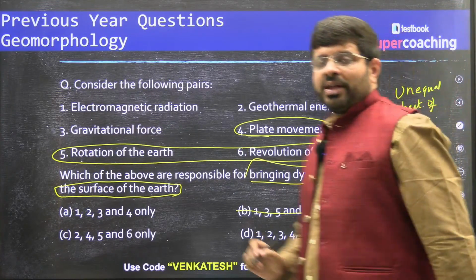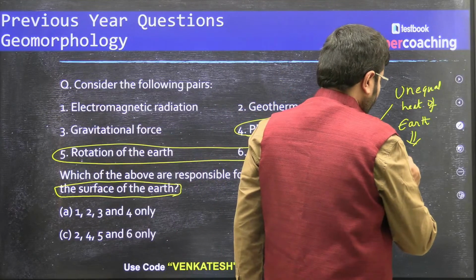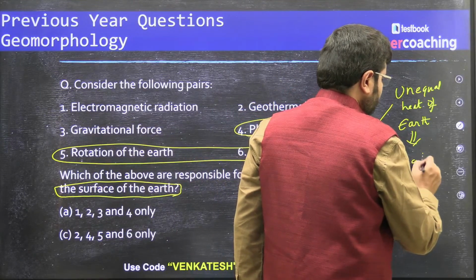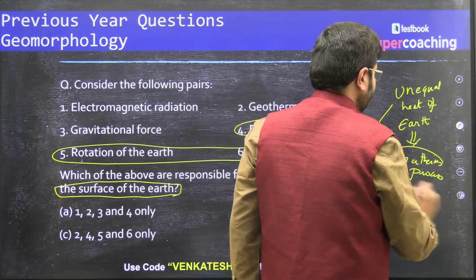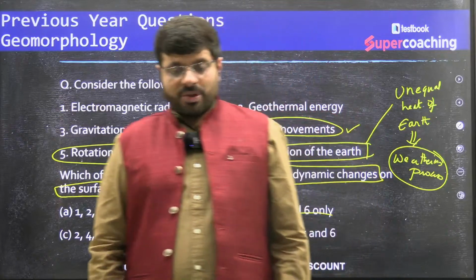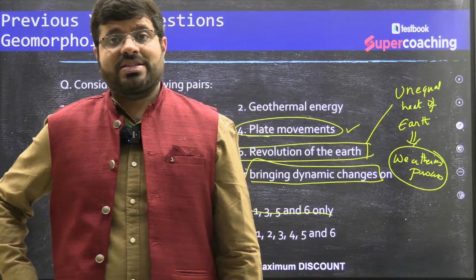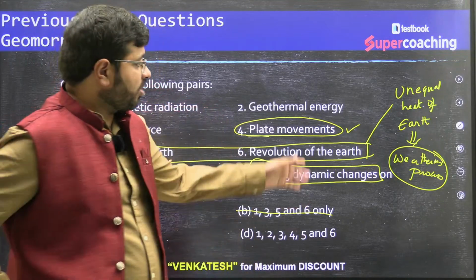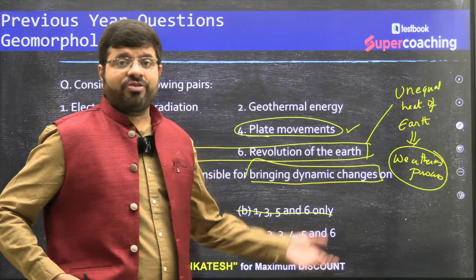If there is unequal heating of the earth, can I say that that is responsible for different weathering processes? Why do you think the weathering in some regions is much higher and lesser in some more regions? Is it not because of the climate? Chemical weathering, physical weathering is a product of climate.